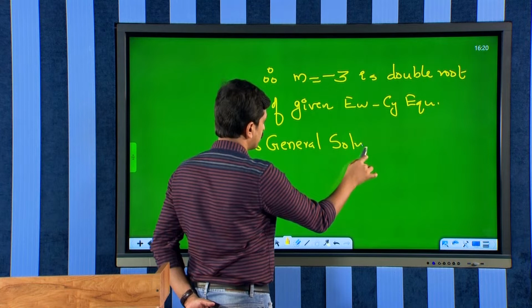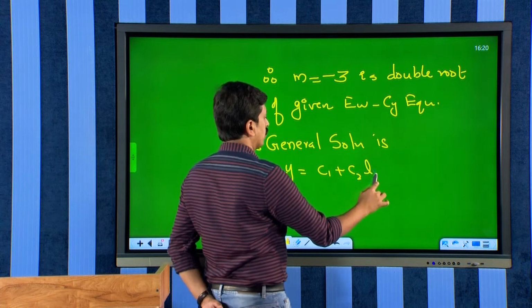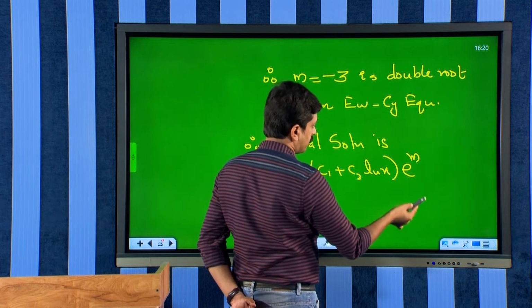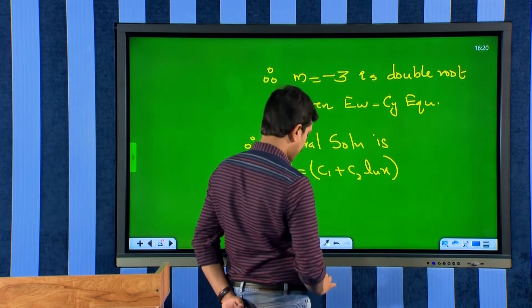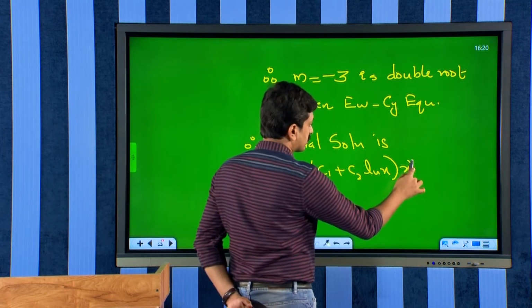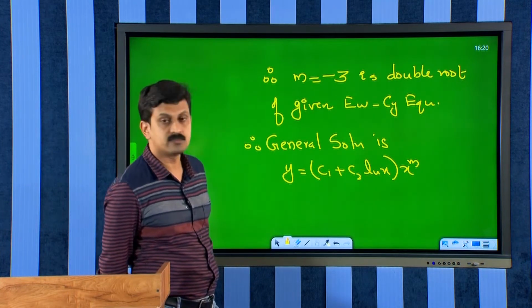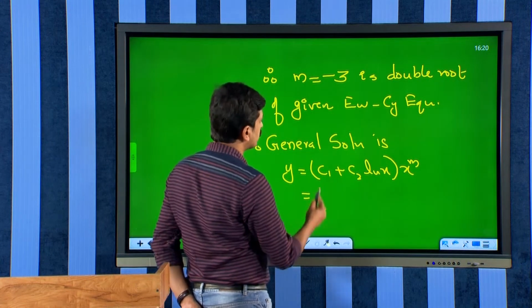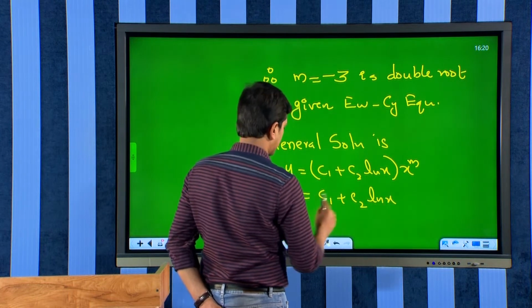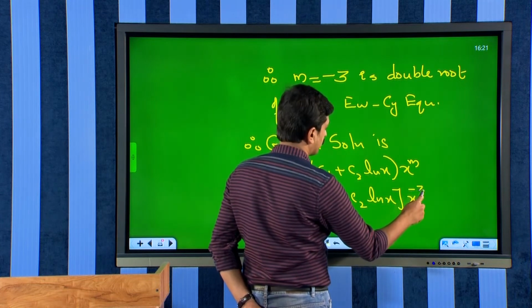Therefore, the general solution is y is equal to (c1 plus c2 log x) x raised to m, with the value of m equal to minus 3.